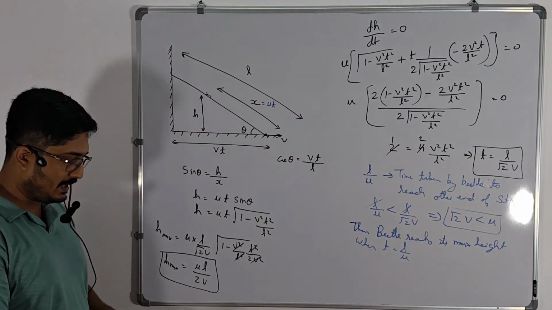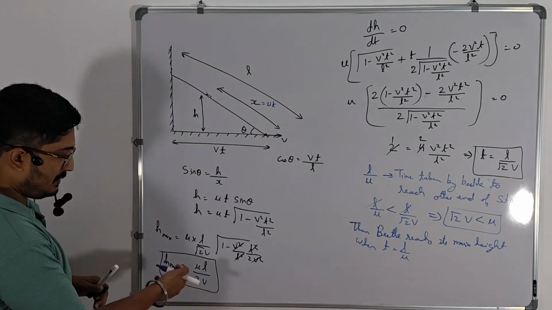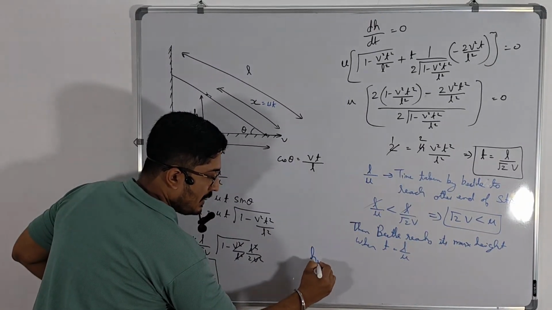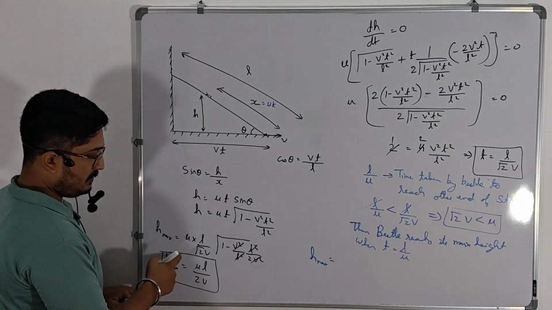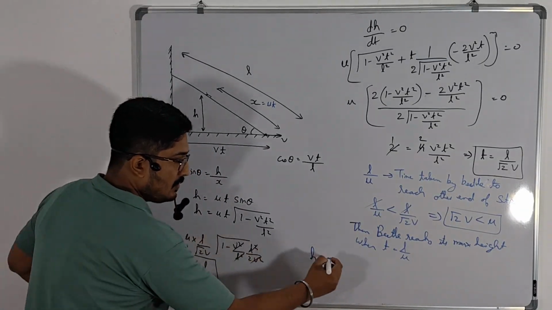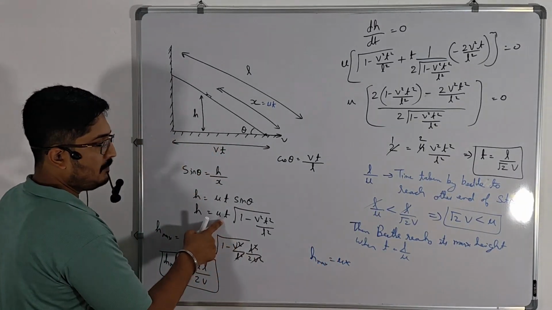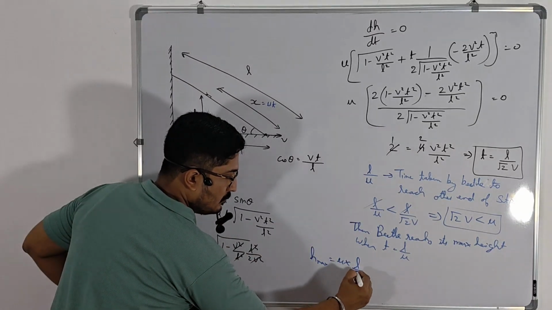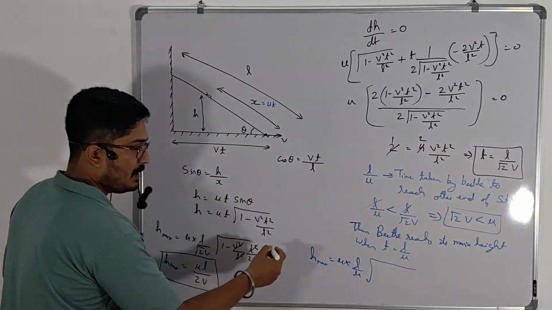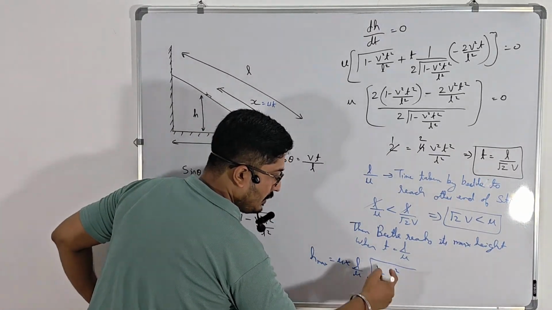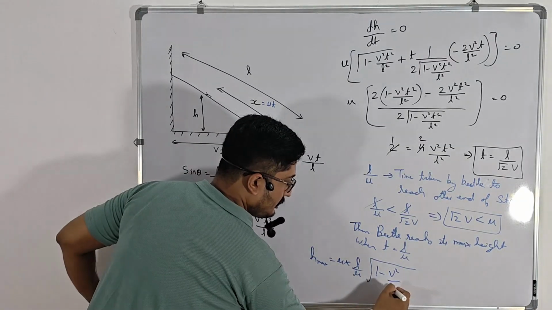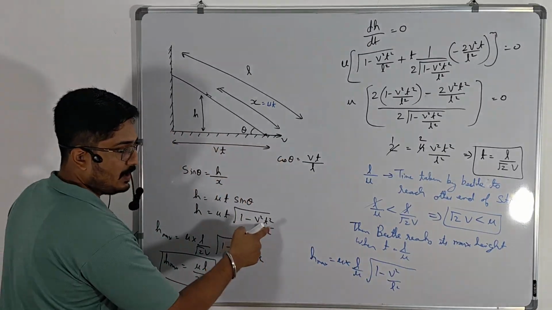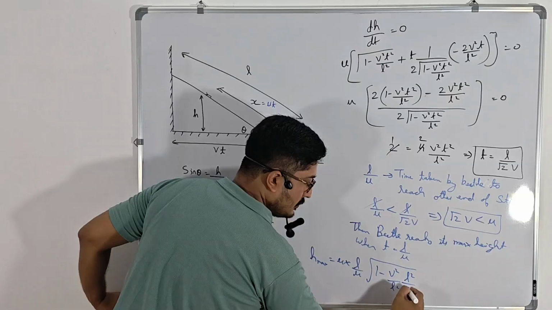Okay. So if that is the case, I can find out the H max as H max equal to the same formula. I can use U into, instead of time, I can put the time as L by U, under root of 1 minus V square by L square, and then t square, which is nothing but L square by U square.